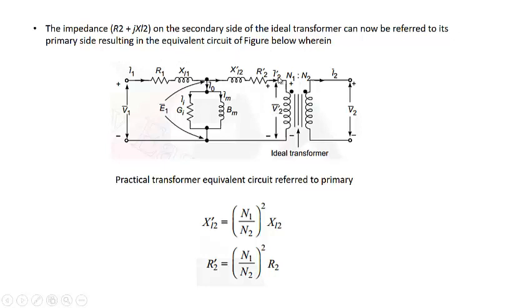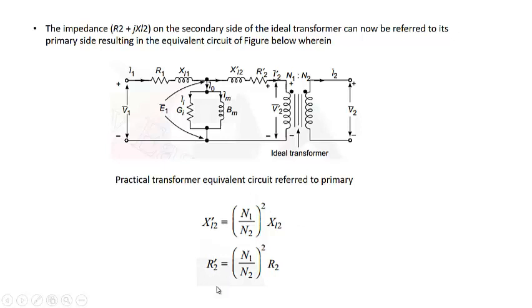You can see we have transferred them here, and represented them by X dash L2 and R2 dash. This is I2 dash, this is V2 dash, where X dash L2 will be equal to N1 by N2 whole square into XL2. That is, we have multiplied them by the turn ratio.